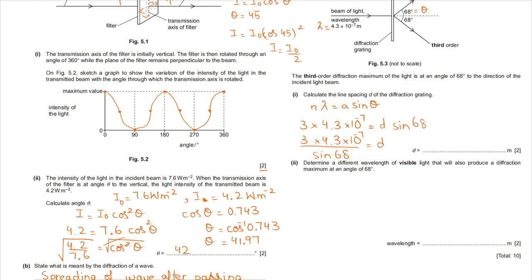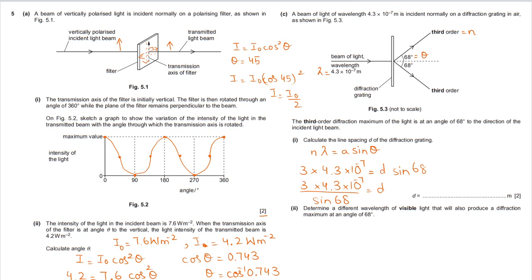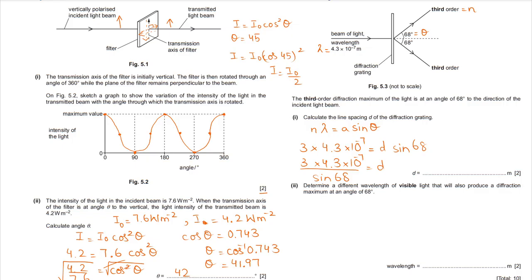Now determine a different wavelength of visible light that will also produce a diffraction maximum at an angle of 68 degrees.